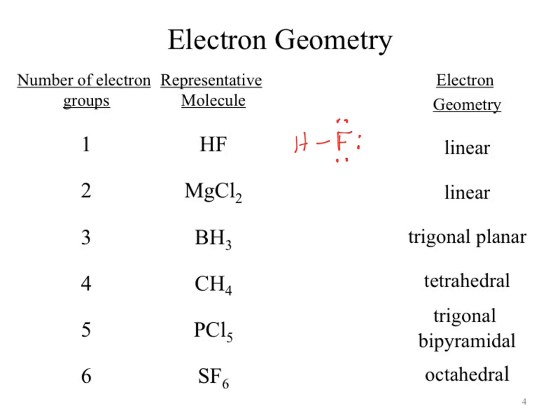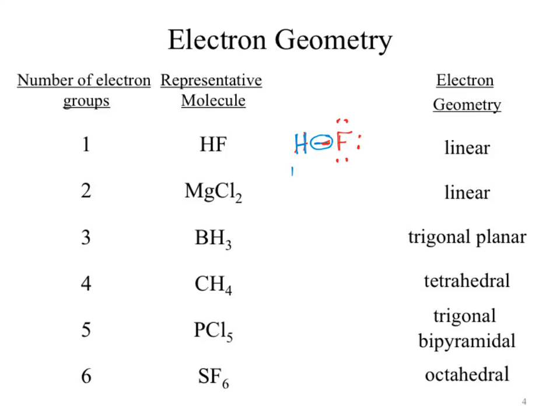Okay, so let's look at our possible options. We'll call hydrogen one option, and we'll call fluorine, which I'll just leave in red, as the other option. How many electron groups are around the hydrogen? There's one group of electrons. Our group is your pair of electrons. So hydrogen has one group of electrons around it.